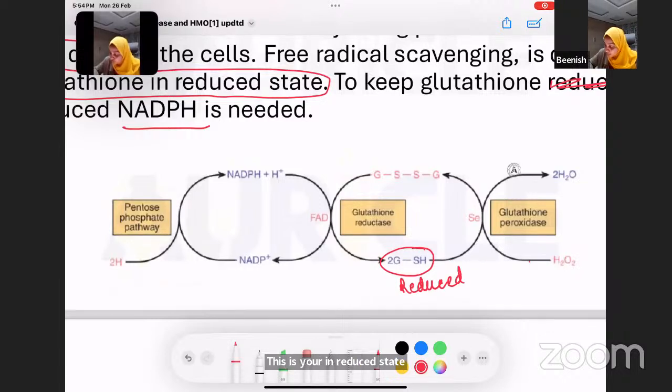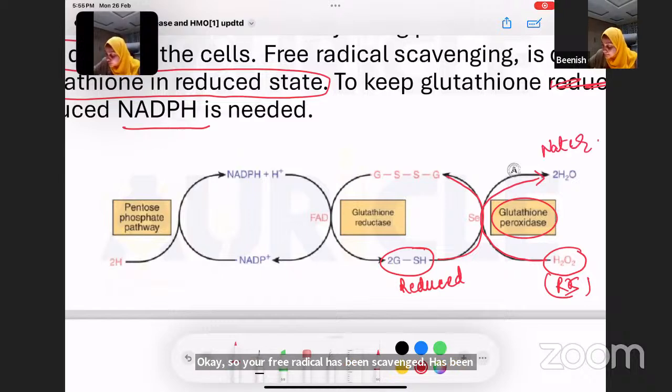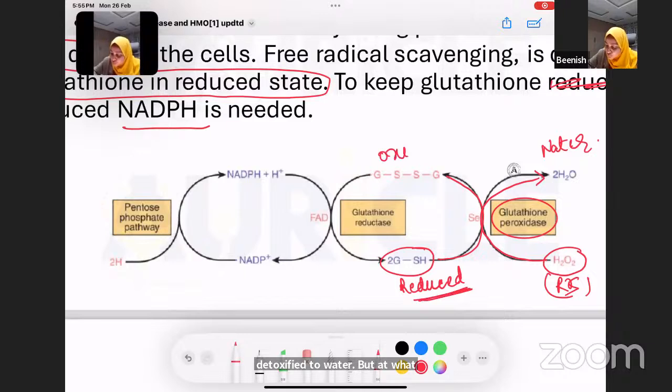Now, this glutathione is able to detoxify this hydrogen peroxide to water in the presence of the enzyme glutathione peroxidase. Okay, so your free radical has been scavenged. This ROS has been detoxified to water. But at what cost? That this reduced glutathione changes into oxidized glutathione.